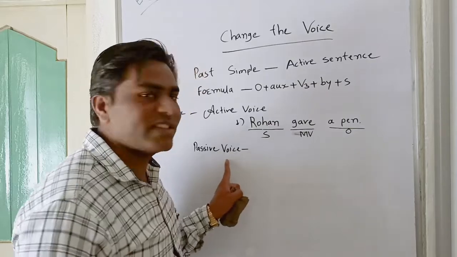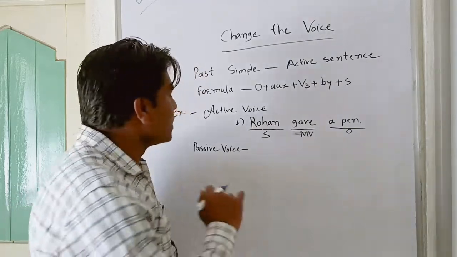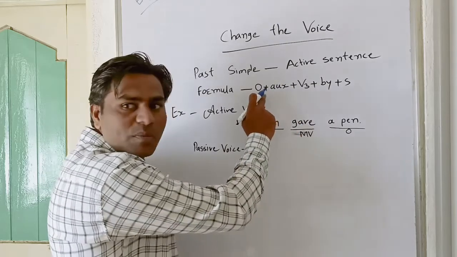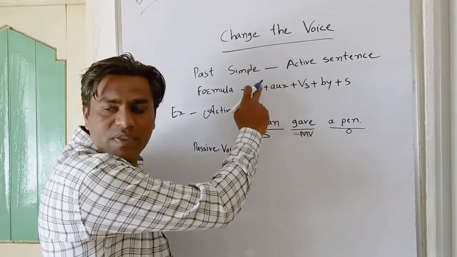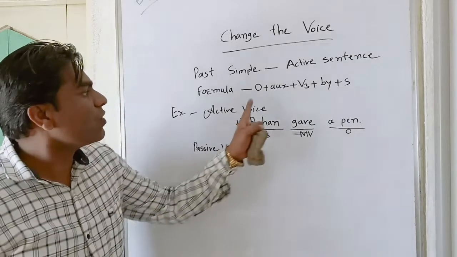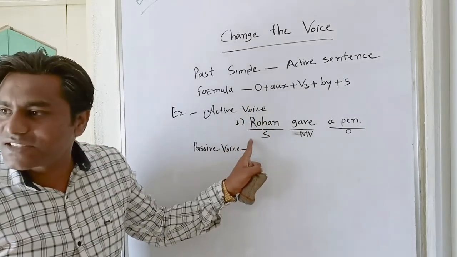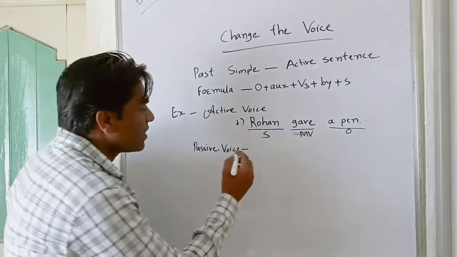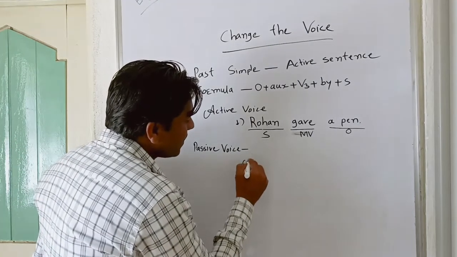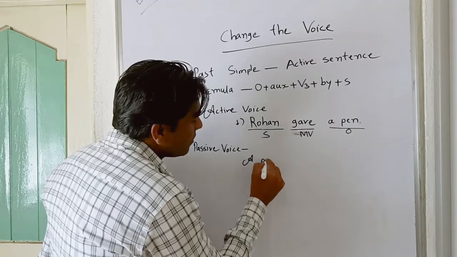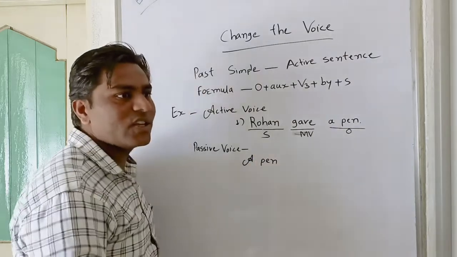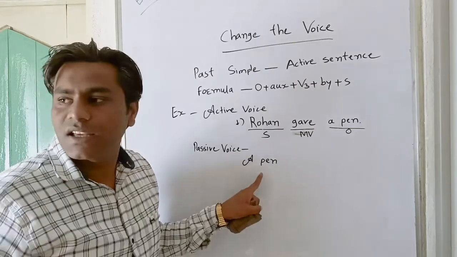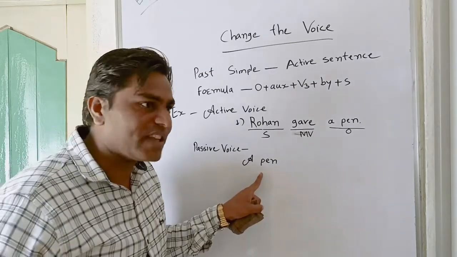Use this formula. And here is the object. So where is the object in active voice? A pen. So I write here a pen. It is the object in the active voice, and now it takes the place of subject in passive voice.